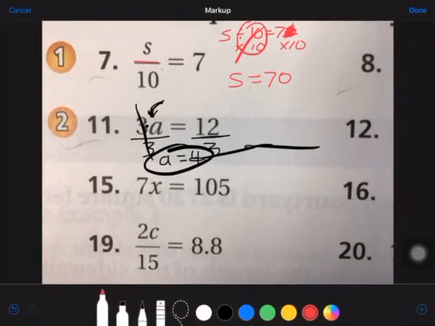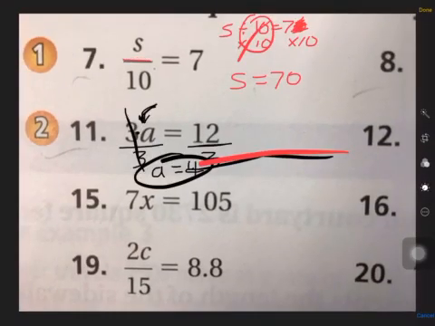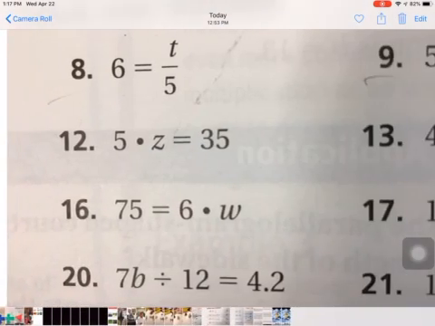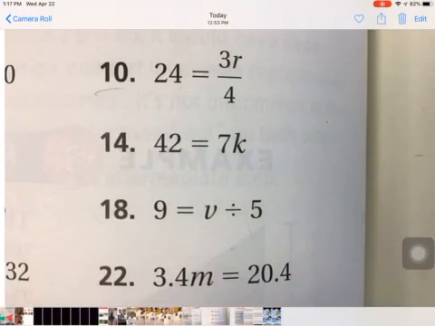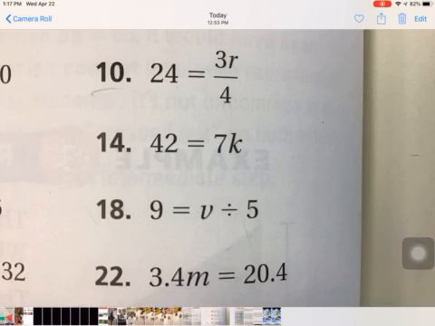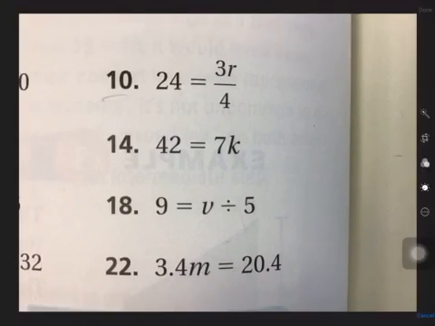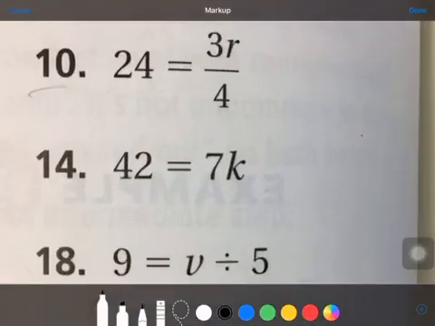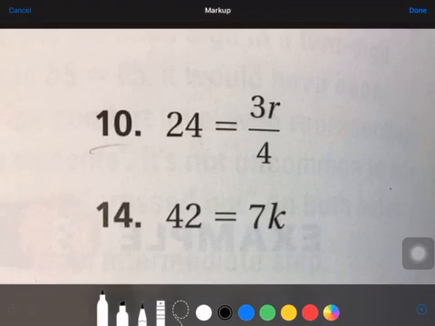Okay. All right, let's try a little bit more difficult one here. So let's do this one. All right, so we've got 24 equals 3r over 4.